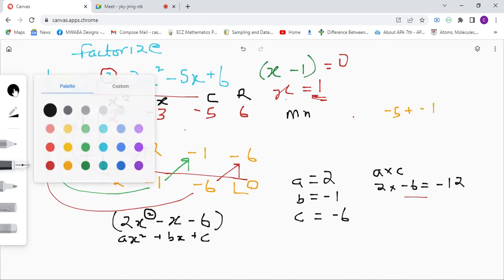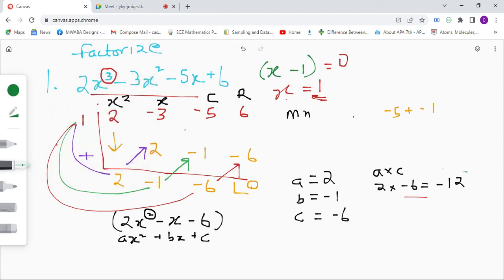So we have to find two numbers which, when you multiply them, give you negative 12, and when you add them, give you negative 1. We have to find two factors of 12 that can do that. We have 3 and negative 4. 3 plus negative 4 gives negative 1, and 3 times negative 4 gives negative 12.